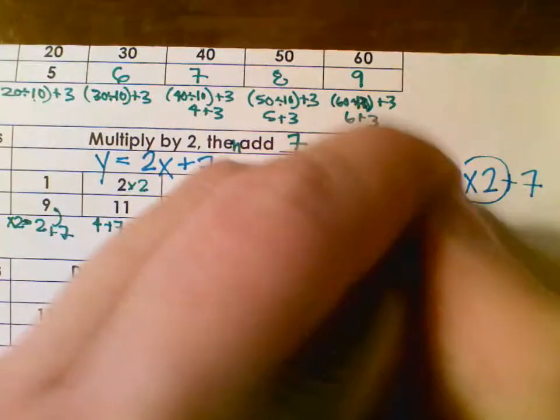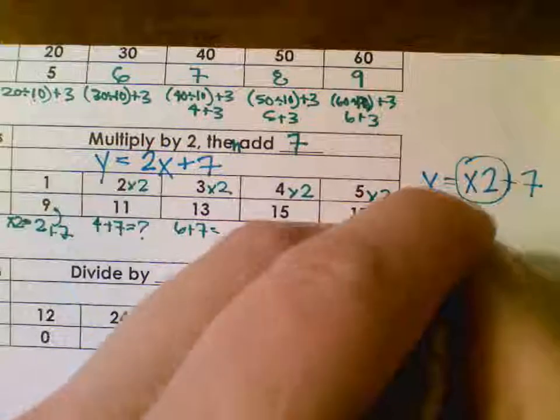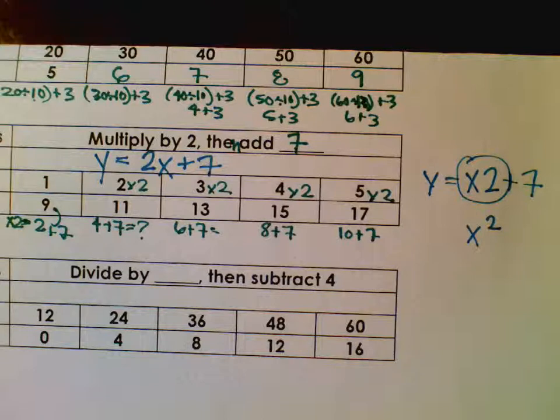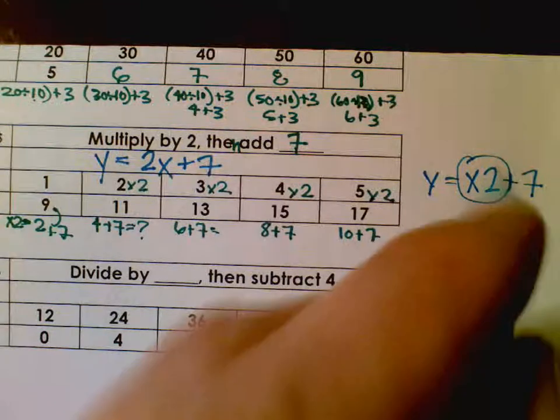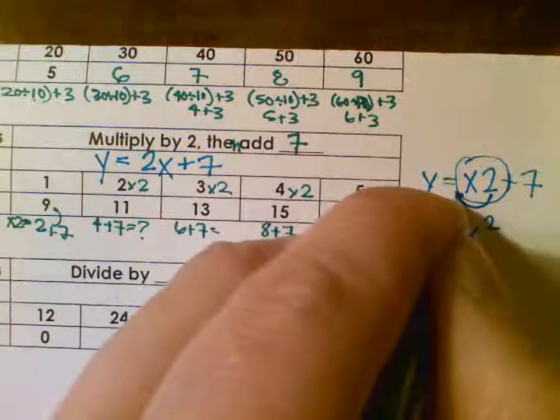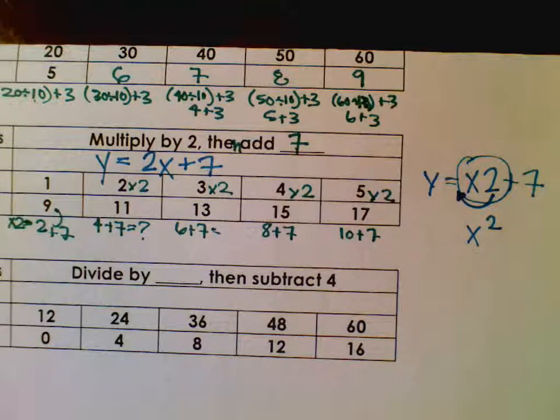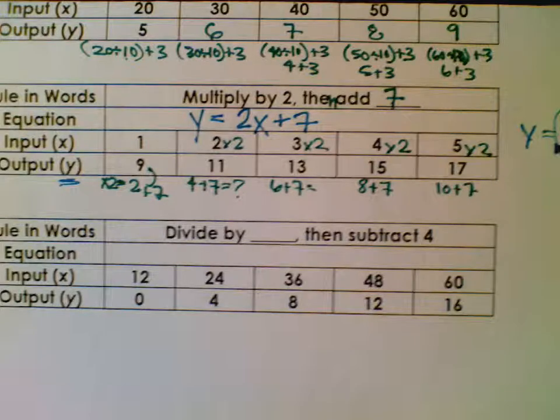Okay? Now, we want to avoid that because if you're a mathematician, you might think that is x squared and someone just writes really messily. Okay? So the coefficient or the number always goes in front of the variable. Okay? So that one is y equals 2x plus 7.